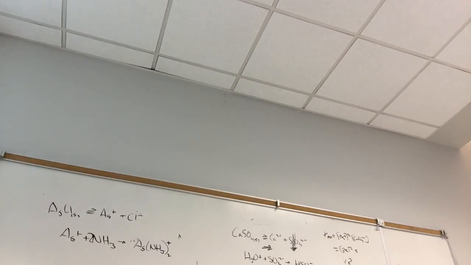How favorable is that? Well, it turns out it's really favorable because if we look at the Kf value for this, it's pretty big. So let's take a look at Appendix B and see what the Kf value is. Try to memorize the page.